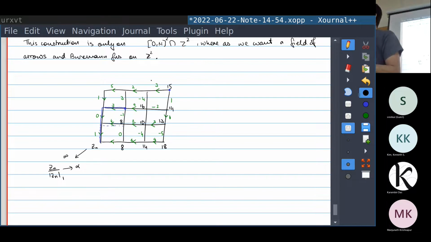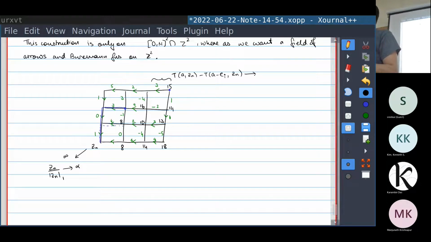Then you look at these differences of the form T(a, Zn) minus T(a minus Ei, Zn). And then I'll put in an alpha here and you ask if this goes to some limit as n goes to infinity, to some B alpha, a minus e.